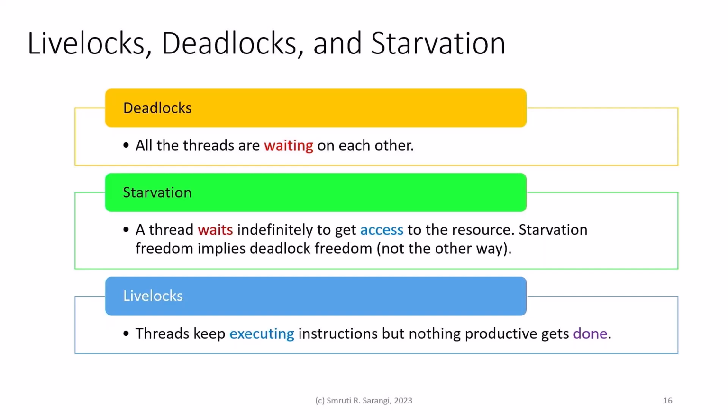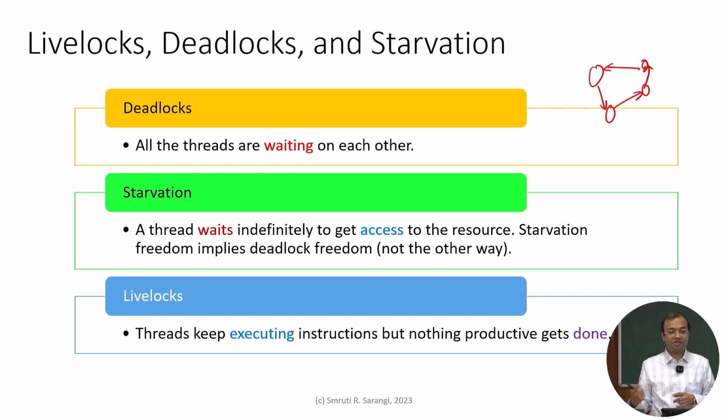A deadlock situation is where all the threads, or a subset of them, with the other subset perhaps not interested, but let's say all, are waiting on each other. They are not making any progress. Yes, they may be continuously looping to check if a lock has become 0 or not, but that is not really useful work.